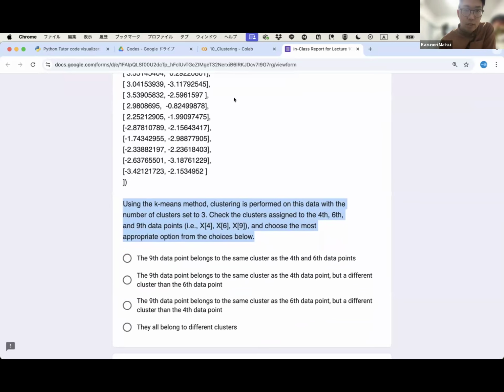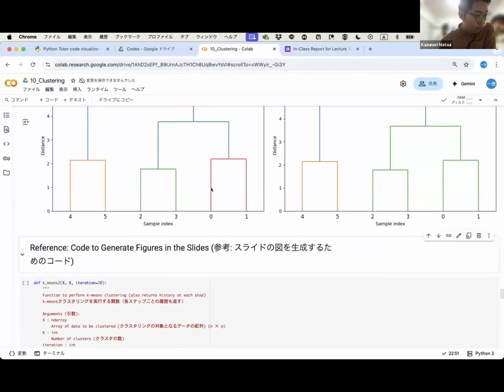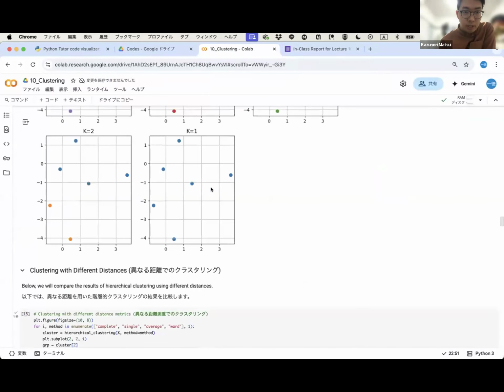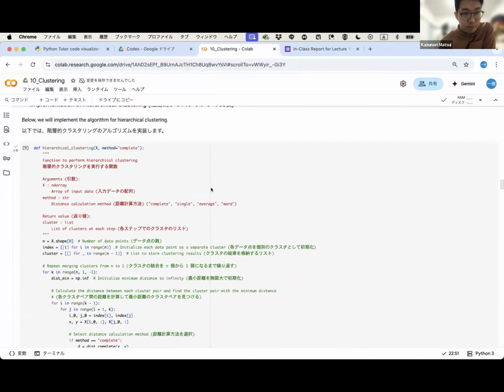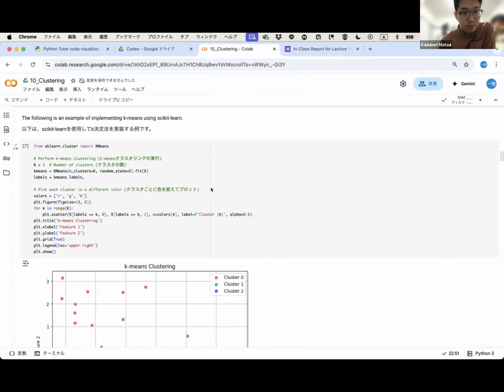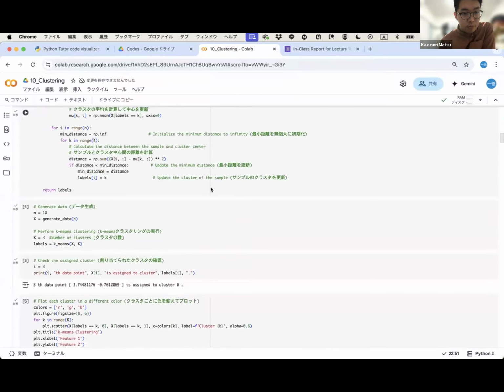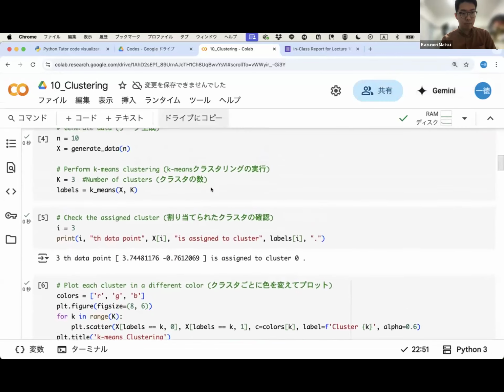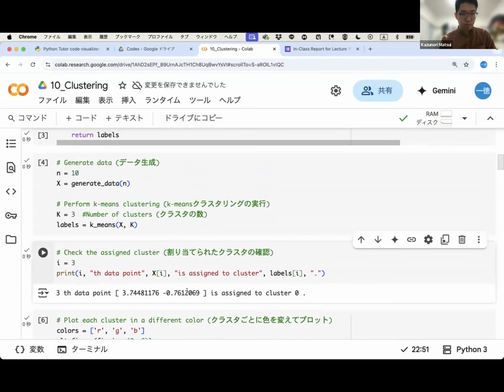That means, as we confirmed earlier, we can check which cluster is assigned like this.